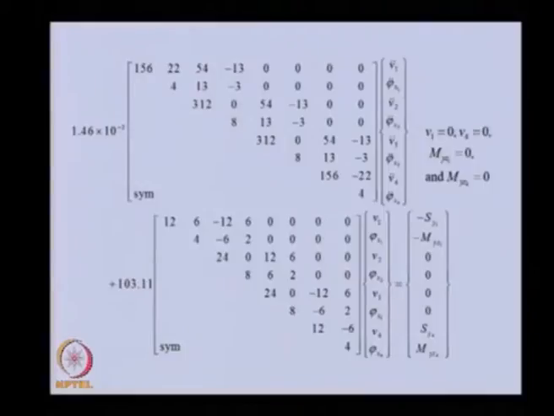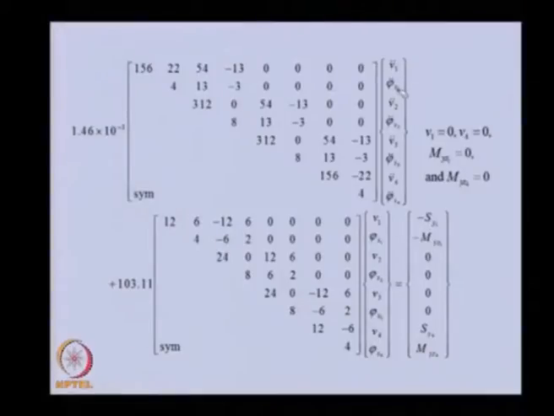Assembly we already discussed in detail for torsional vibration, and it applies here also, so I am not giving more detail of the assembly procedure. But you can see that this particular vector now contains all the degrees of freedom.